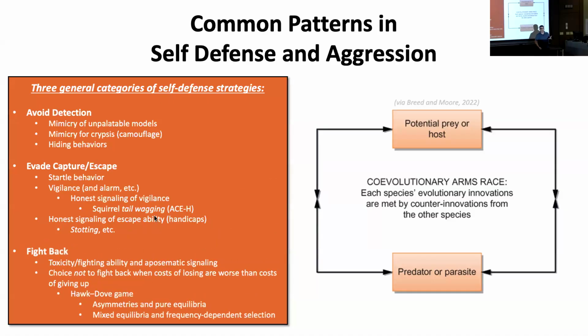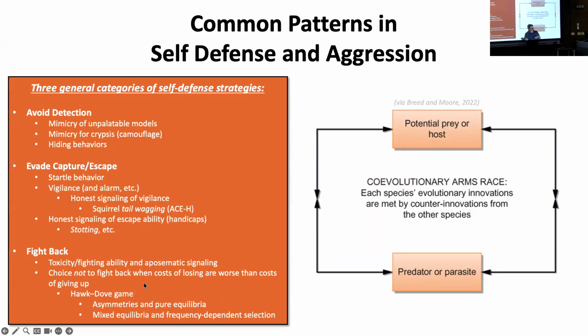Now, if it is impossible to totally escape all of these aggressive interactions, then you can fight back. And what are different ways you can fight back? Well, you can just be unpalatable. You can have a sting, you can have a toxin, you can be poisonous, or you can choose not to fight back when the costs of losing are worse than the costs of giving up. And that leads us to our hawk-dove game.